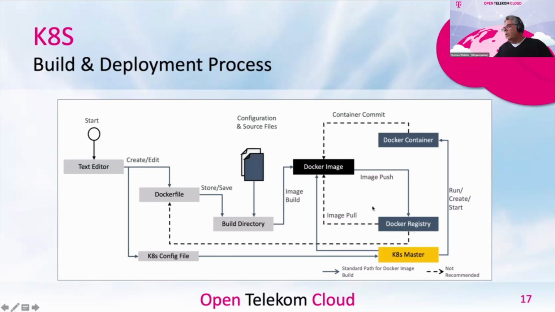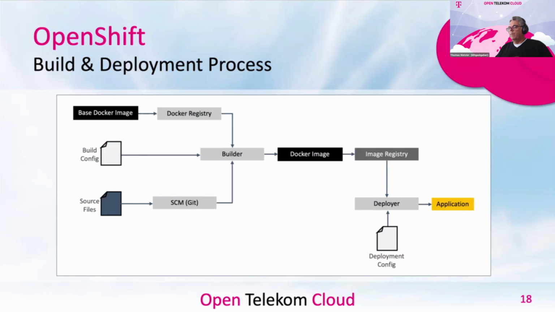And to be honest, you do not want to take care of it if you're developing your own application. And there, OpenShift comes in. OpenShift has, for instance, a deployment process which uses an existing Docker image, and you're injecting the code into this image so that you do not have to rebuild the whole Docker image.